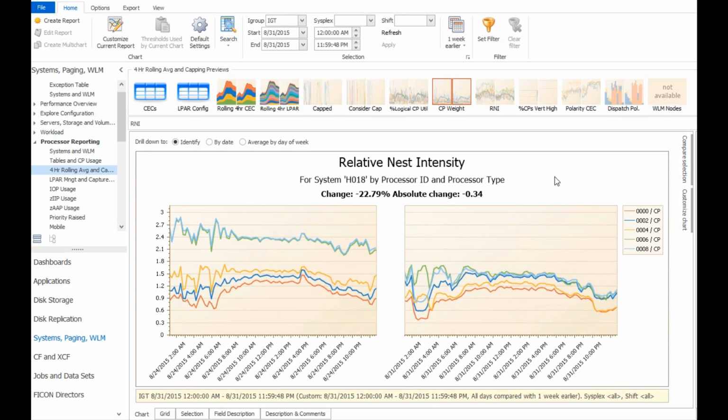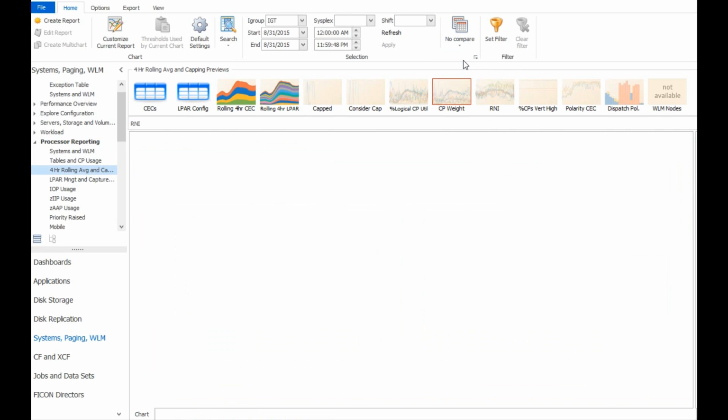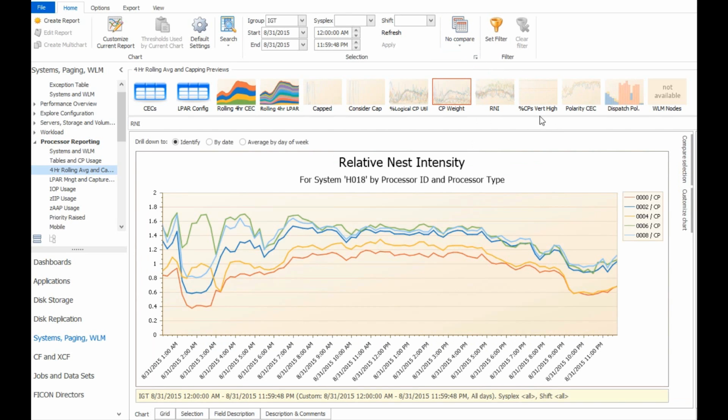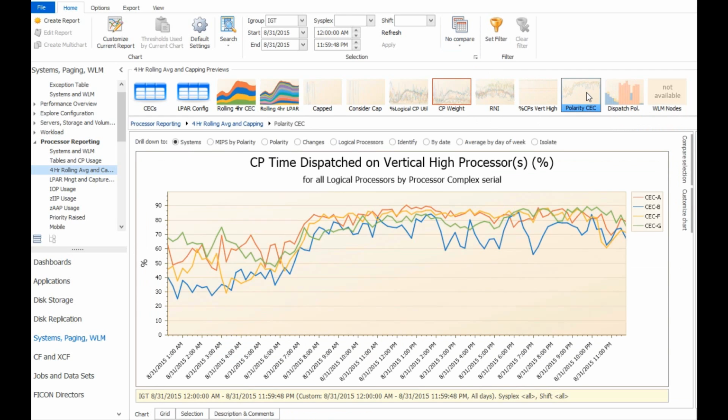So having as much work execute as possible on vertical highs is a very important way to improve processor cache efficiency. And so IntelliMagic Vision provides several charts that help provide visibility into that. This is the amount of work that's executing on vertical highs by processor.